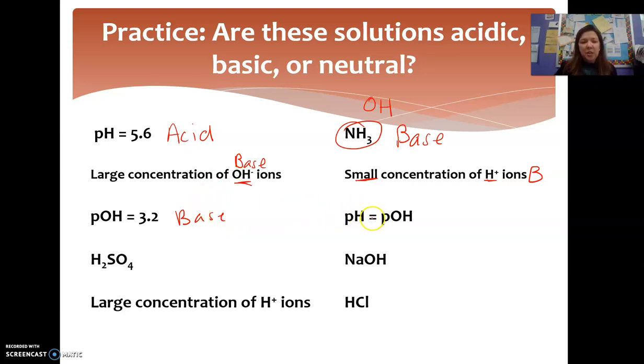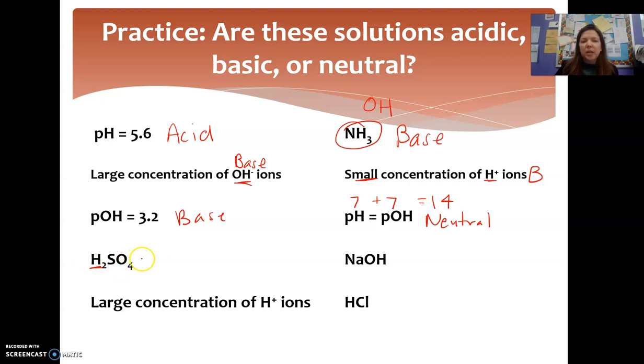If your pH equals your pOH, we talked about that just a minute ago, that means they would both have to be 7 because they should always equal 14. So if they're equal, that's your key or your sign that you're talking about a neutral solution. Okay, H2SO4. H is your hint here.